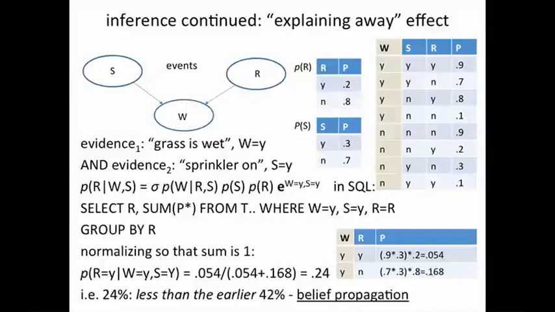There are other algorithms for performing inference in Bayesian networks. The junction tree algorithm, for example, is very well known. In some sense, what that kind of algorithm does and what a SQL engine does inside to plan out the joins are very similar.